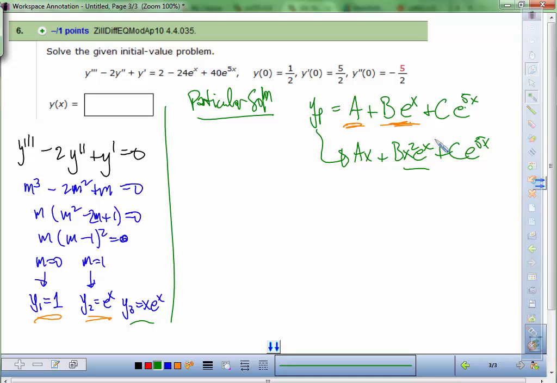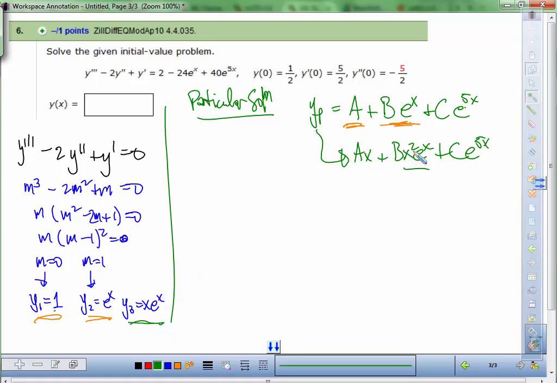What I did was for the first issue, I have a plus b e to the x. A is a constant, which matches with y1, and b e to the x matches with y2. And so I decided to put an x in front of both of those. In doing so, I have b x e to the x. But that matches with y3.